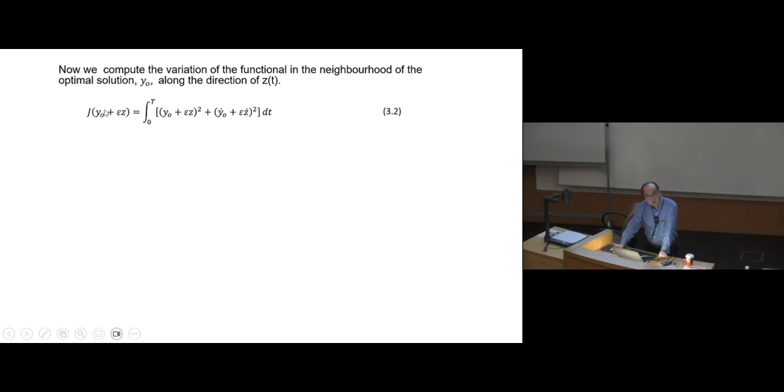So we just need to compute how this integral will change if I change y naught in this direction. So y naught plus epsilon z, then we just plug it into the expression of the integral. The y right now is y naught plus epsilon z, and the derivative is y naught dot plus epsilon z dot, squared.